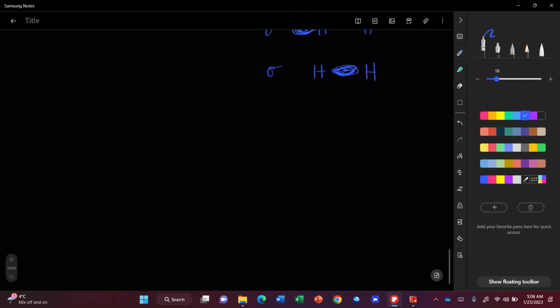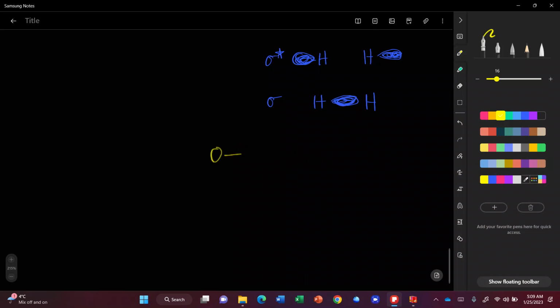But now I want to do a different example, because I want to illustrate a point. I want to look at the molecular orbital diagram for something like OH minus instead of H2.